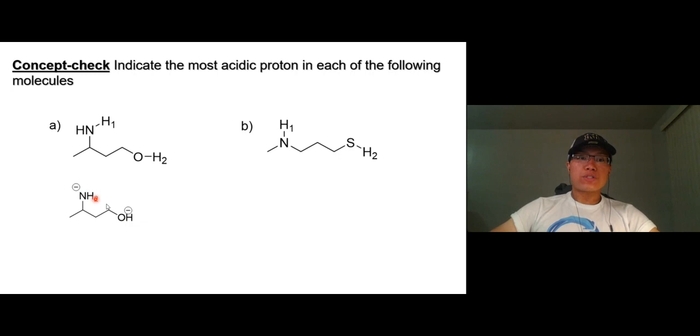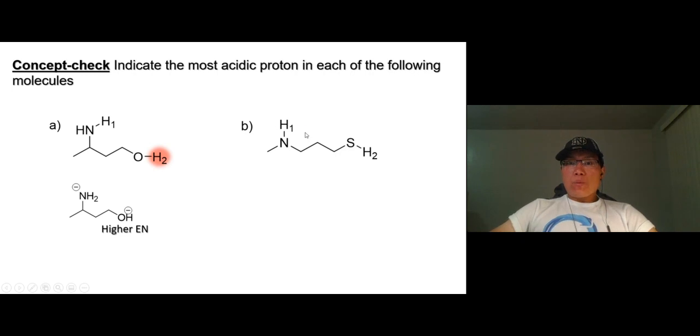Compare between nitrogen and oxygen. First of all, size, not that different. But oxygen totally has higher electronegativity than nitrogen, which means OH minus is more stable. That makes OH a stronger acid. So this proton is more acidic than H1.